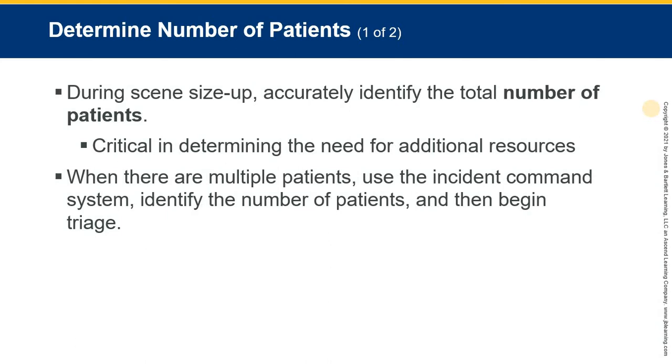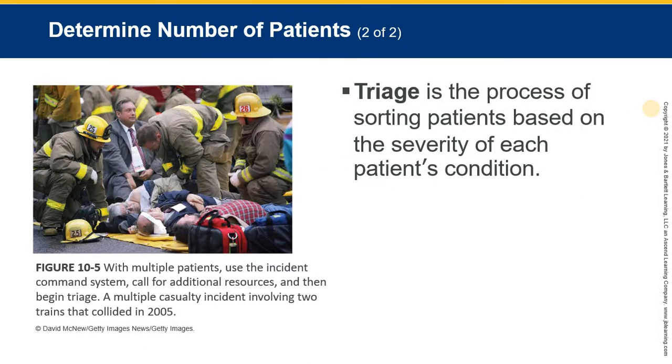If there are multiple patients, especially more than you can take care of at any one time, you should activate incident command, which is basically us saying there's a mass casualty incident here. We're going to need a lot of people. Usually the fire department can take this over. There are chiefs on the scene who are really trained in this, but you're going to have to take your NIMS, National Incident Management System, courses before you start your job anyway, so you can learn more about this, and we'll talk about it later as well.